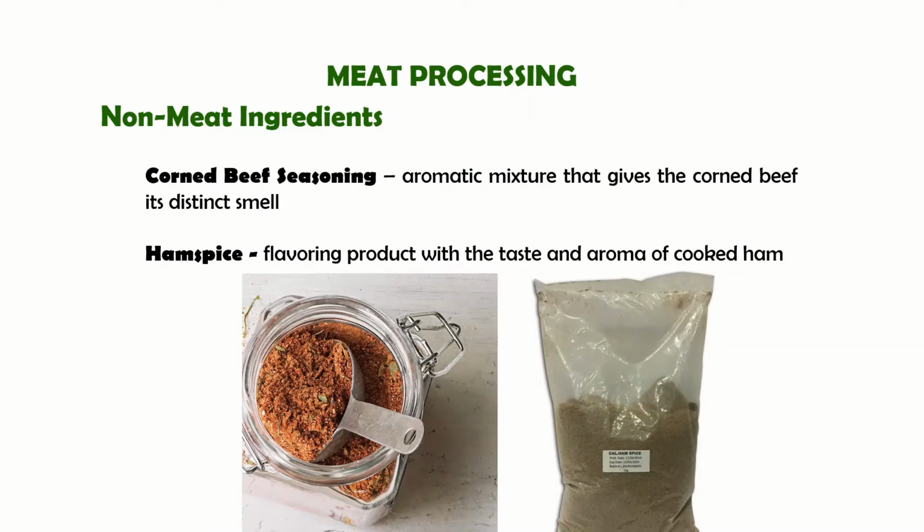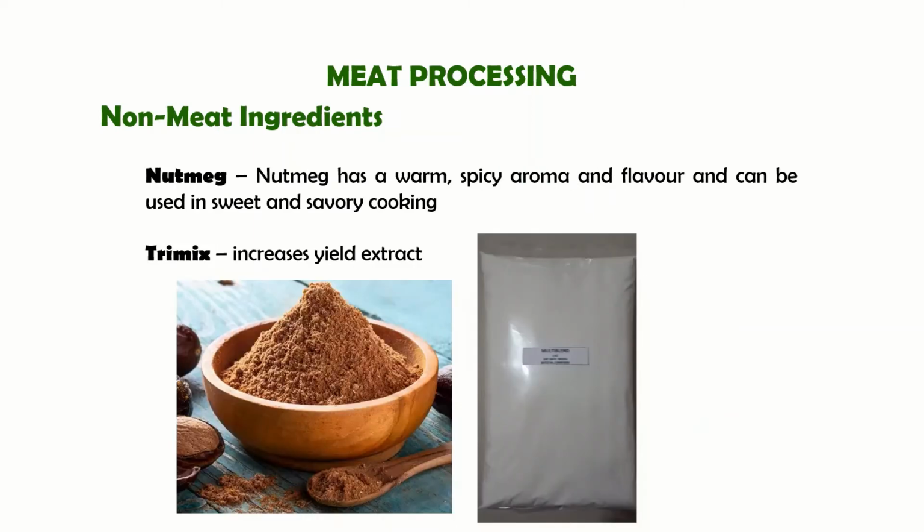Okay? Next is corned beef seasoning. This is a spice blend that uses so many of the traditional corned beef pickling spices. Next is a ham spice. It gives the meat the rich flavor and the smell of the ham. Next is the nutmeg.